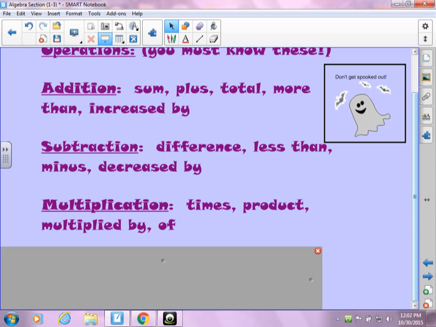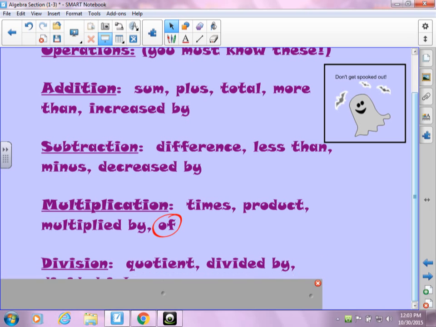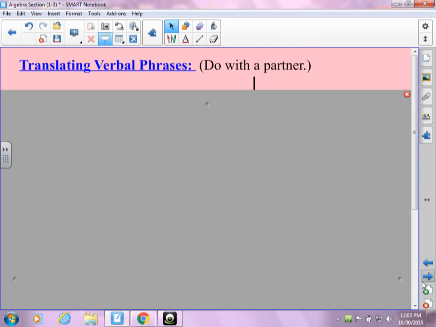Now sometimes you need to be a little bit careful with the word of. Sometimes when it's in a sentence, you can use multiplication. Sometimes it's used more as an English word, more of a connector. So you need to be careful with those words sometimes. And then finally, division. When we see words like quotient, divided by, divided into, that means division.